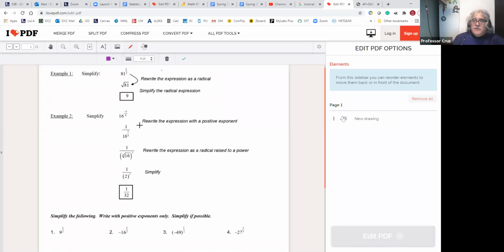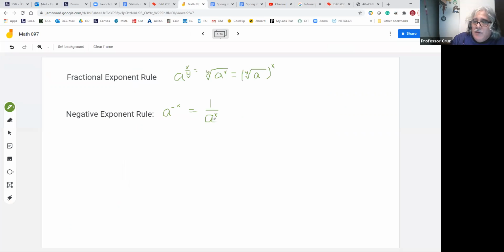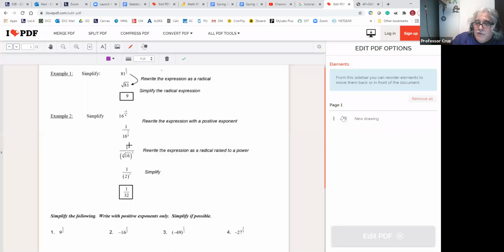All right, on this one, it's 16. That's our base to the negative 5/4. Remember, the negative, as I said over here, all that means is take the reciprocal. So instead of 16, we got 1/16 to the 5/4 power. The 4 in the denominator means 4th root of that base.